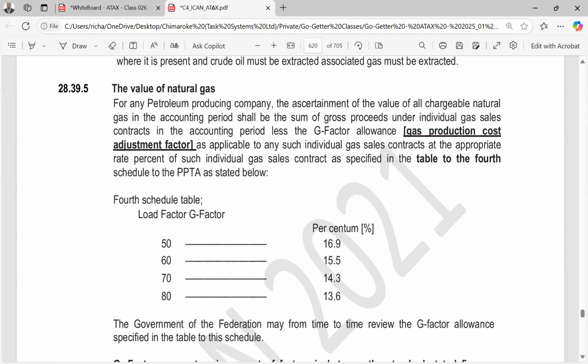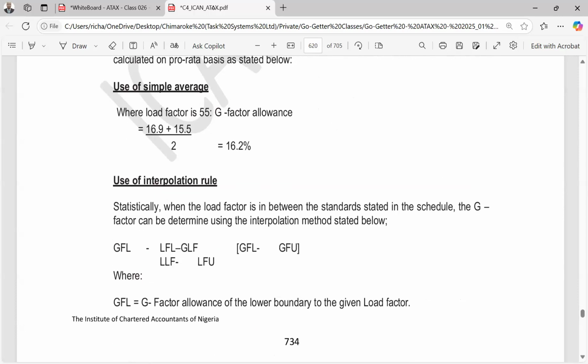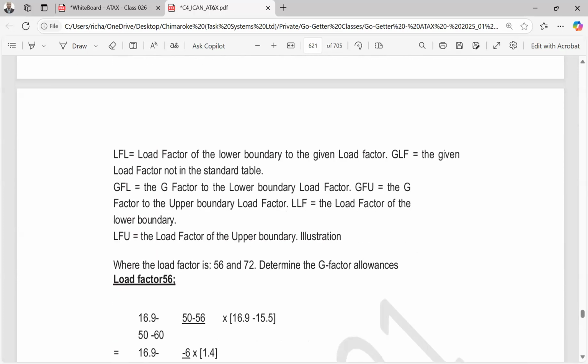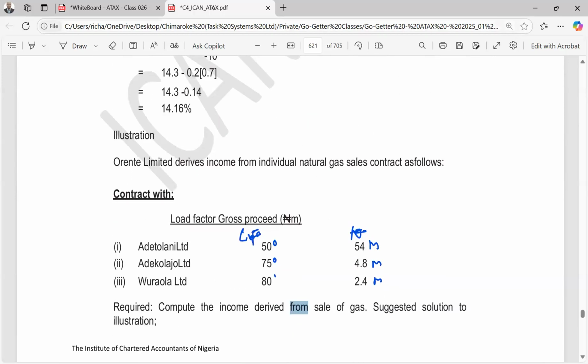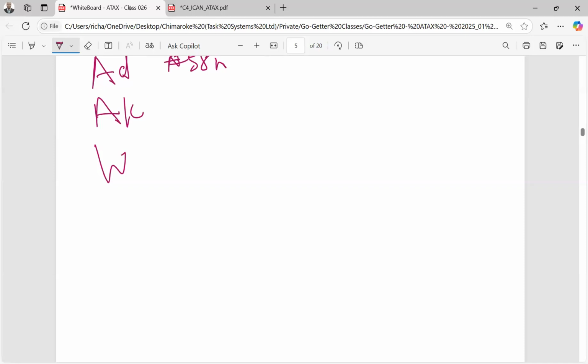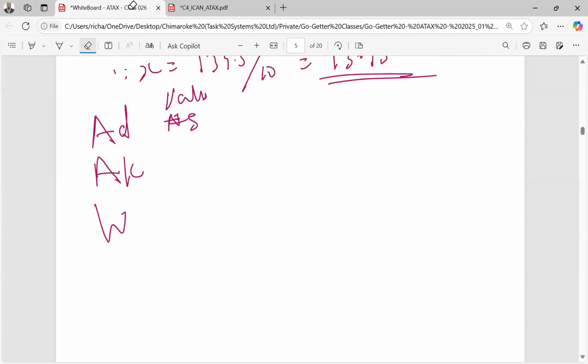How much was that? 54 million. 4 million.